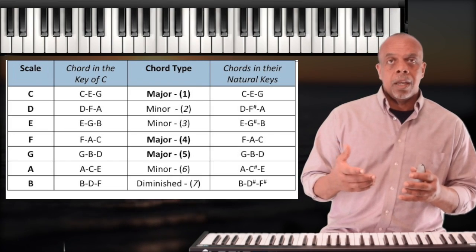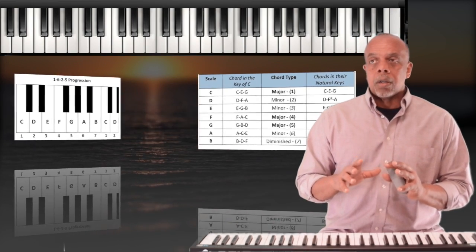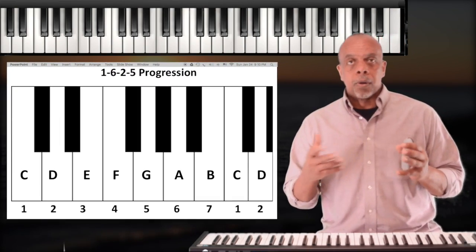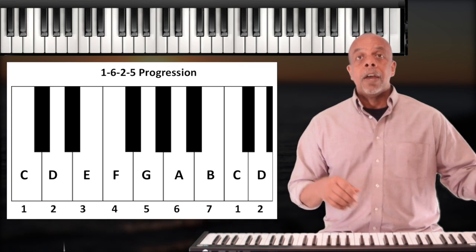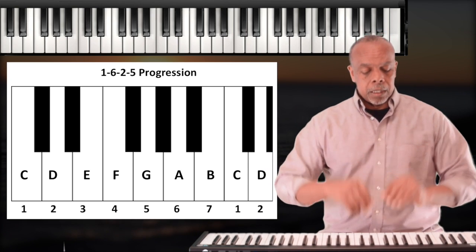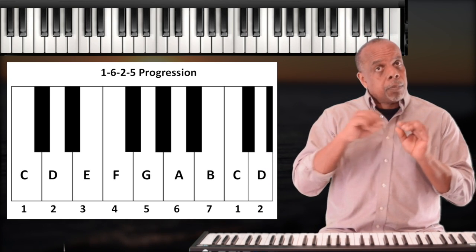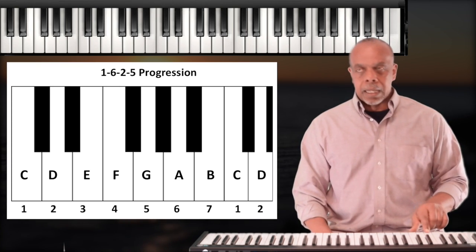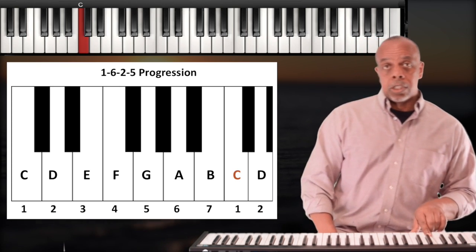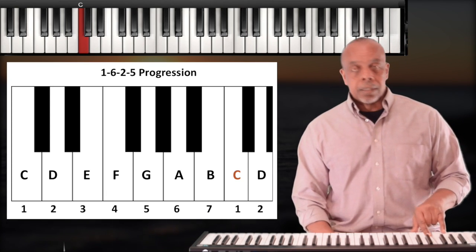Okay, now, as I promised you, you can play a song like I Stand on Your Word, which is a good song because it uses a progression that we call a 1-6-2-5. What is a 1-6-2-5? I'm going to teach these progressions later on in another video, but really quickly, let me give you a brief overview. It starts with the 1. I'm just going to play the bass, because if you hear the bass, you kind of get it. 1, which is C. What is the 6?